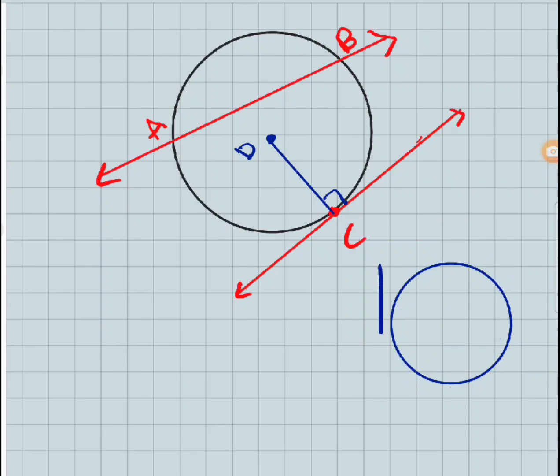If you draw a segment between the center of the circle to the tangent line, which represents the radius of the circle, then it's going to meet the tangent line at a right angle. They will always be perpendicular.